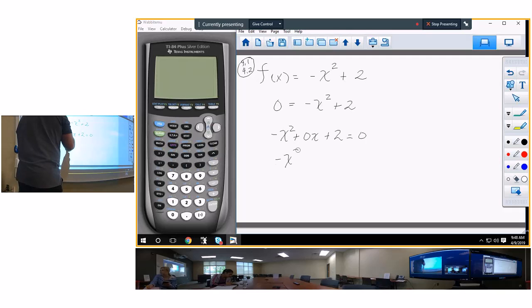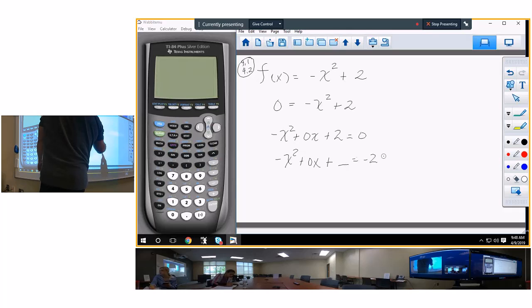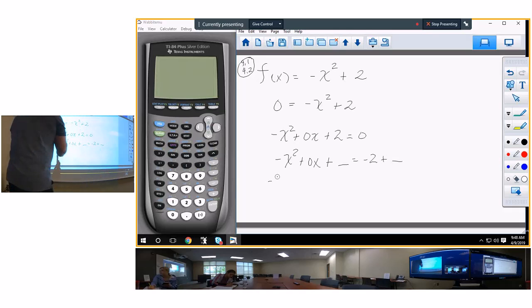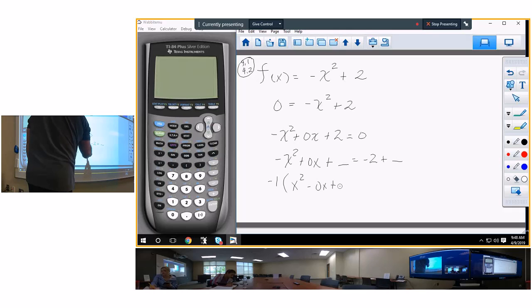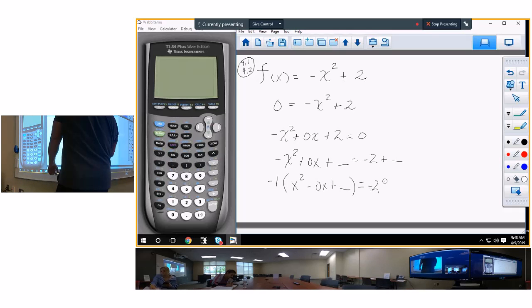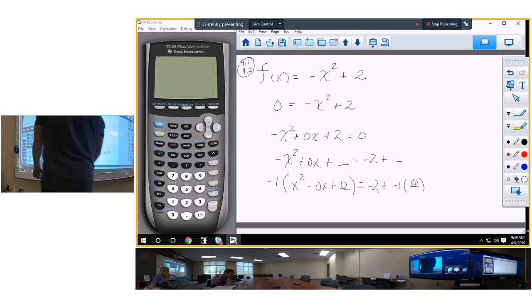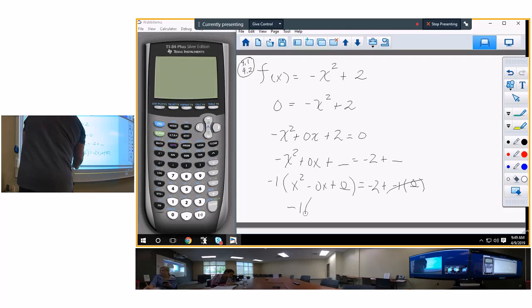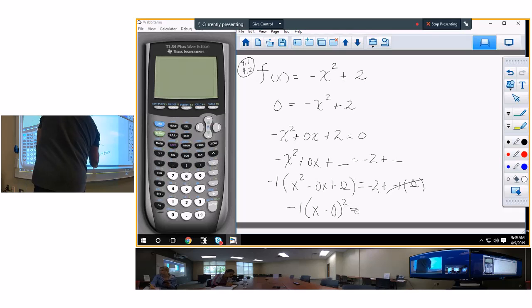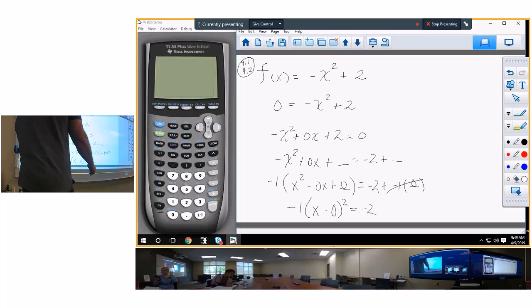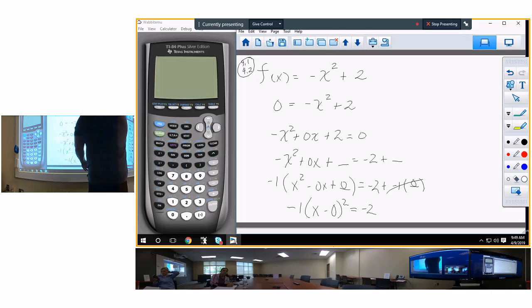Negative x squared plus 0x plus blank, negative 2 plus blank, negative 1, x squared minus 0x plus blank is equal to negative 2 plus negative 1 times blank. Half of 0, 0, that goes out. Negative 1, x minus 0, quantity squared is equal to negative 2. So our vertex is 0 and 2.